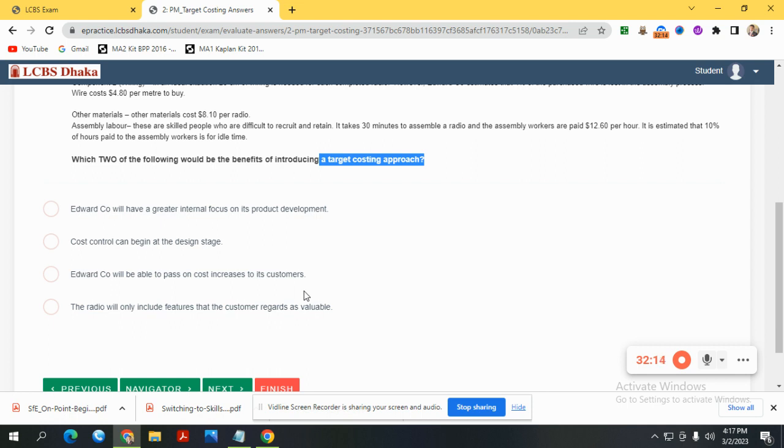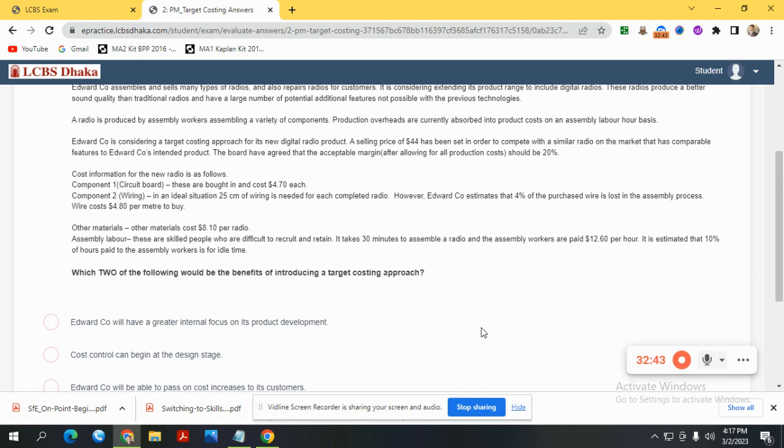That's true, because when we want to achieve the target cost, we eliminate everything that is non-value adding. So we keep only the features that are useful to customers. So we basically have confusion between this and this, but if you look at it as a target costing approach, this is a more valid option. The target cost will include features that customers regard as valuable. All right, so this is the right answer.